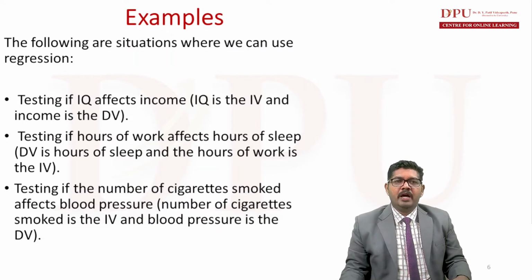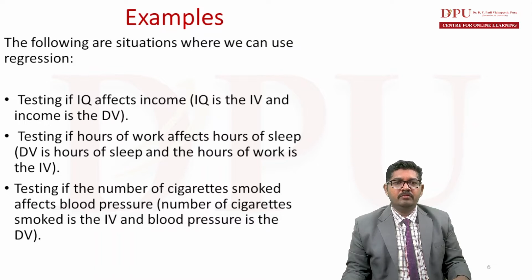Examples: the following are the situations where we can use regression. Testing if IQ affects income. We can judge that IQ has some impact on income, so we will be interested to know how IQ can affect individuals' income. So IQ becomes our independent variable, and income is the output, because income is being affected by IQ.